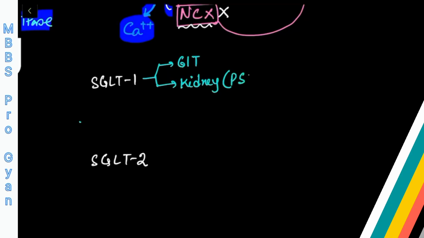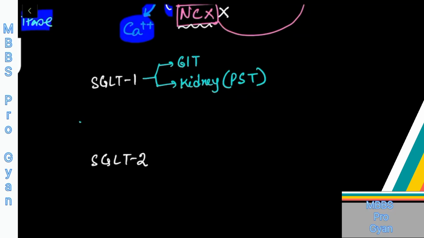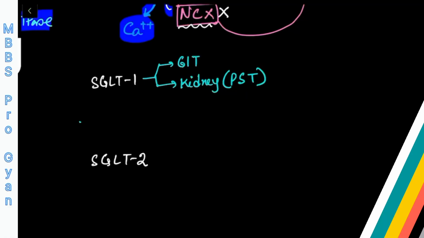There is a part of the proximal tubule which is known as the proximal straight tubule. There is the proximal convoluted tubule, and there is the proximal straight tubule. Convoluted first, followed by a straight portion, without any convolution.